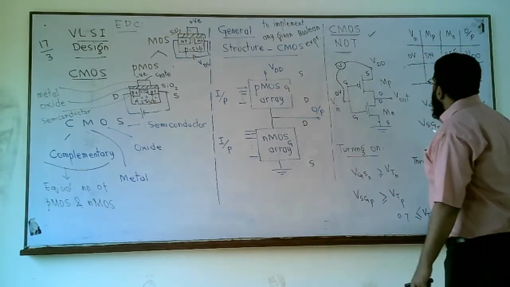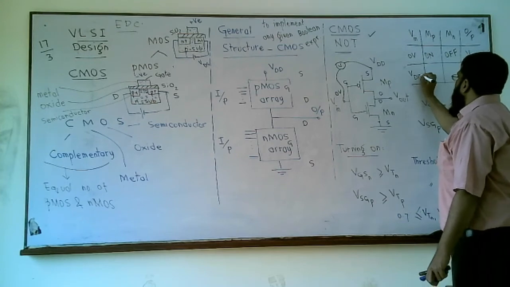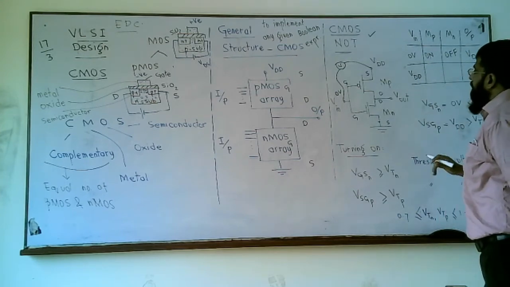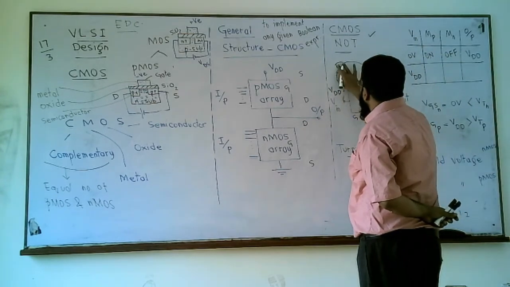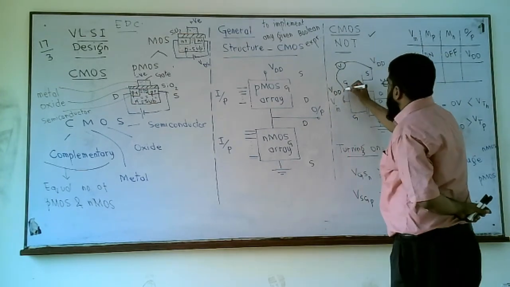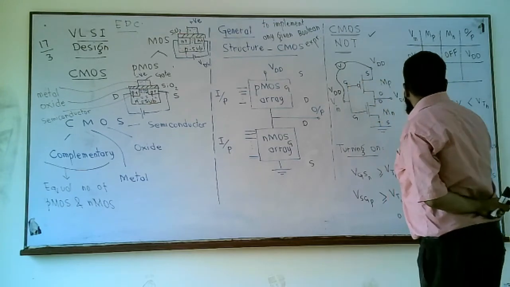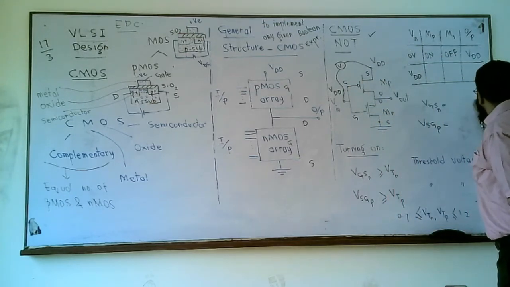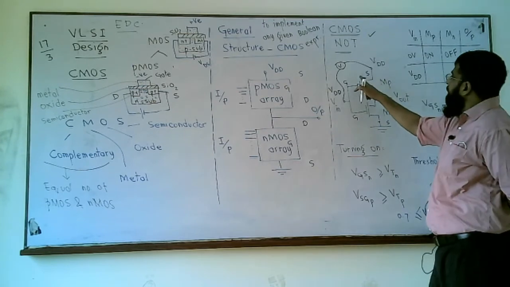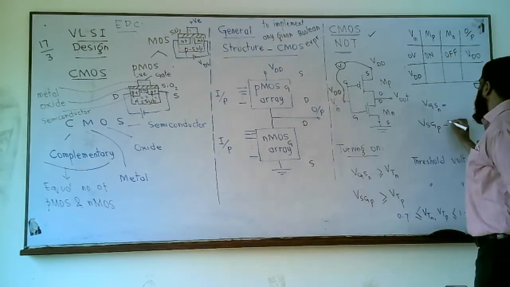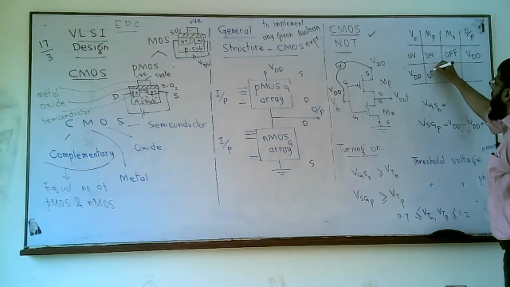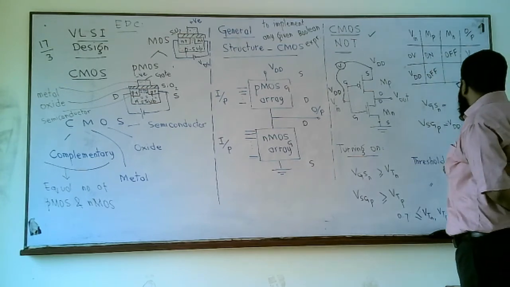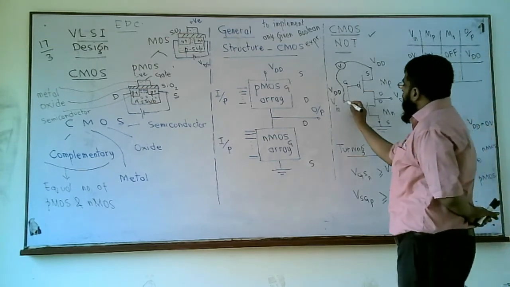Right. Let's apply VDD at the input now. If Vin is VDD, let's put a voltmeter here and check what VSGP is. VSGP is VDD minus VDD, which is 0 volts. 0 volts means MP is off. And what is VGSN?